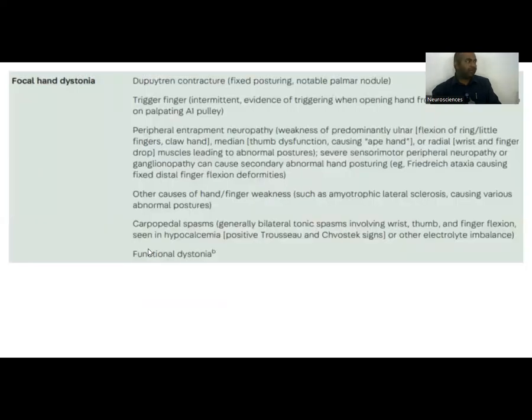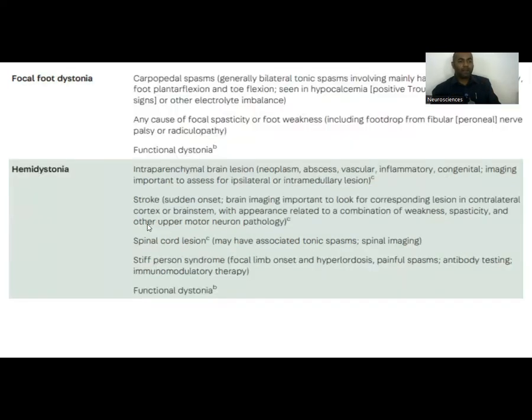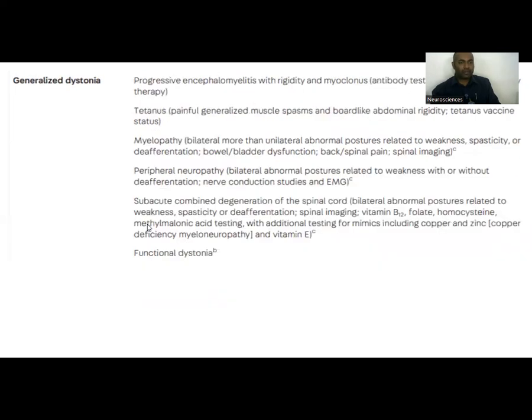Hand dystonia can have various differentials. Trigger finger, ulnar neuropathy at the wrist, when it doesn't have any sensory features, it can mimic dystonia. So these are the various mimics of dystonia.